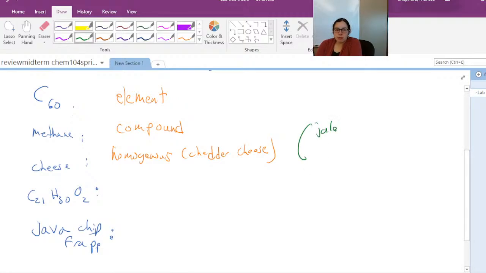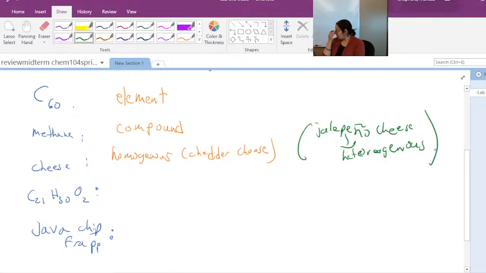What if you have jalapeno cheese on the brain, or Swiss? Then you could write, well, that would be heterogeneous. And I probably misspelled that. Again, clarify in the exam if you're unsure, or let's say you weren't sure what methane was, maybe you could say, I think this is a compound because I think it has a formula, and at least explain your logic so I can tell what you're thinking.